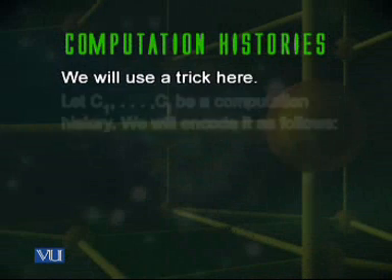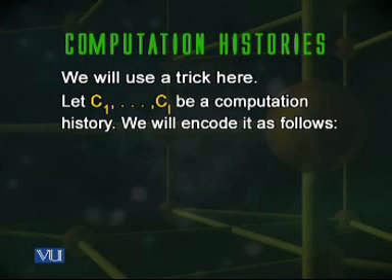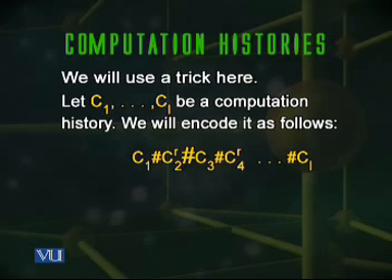Well, how can we describe this PDA D? Let's have a look. Here we will use a trick. Suppose you give me a computation history C1, C2 all the way up to CL. Now I will encode it differently. The first configuration will be written as it is, followed by the hash sign, but the second configuration will be written in reverse.